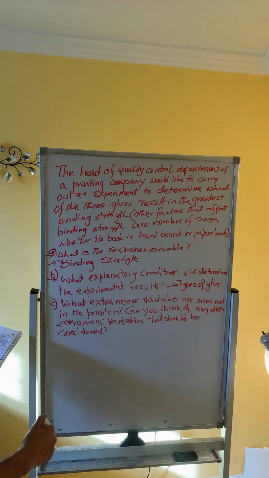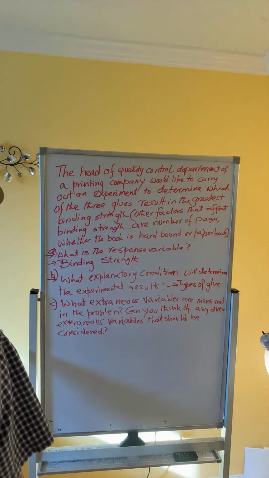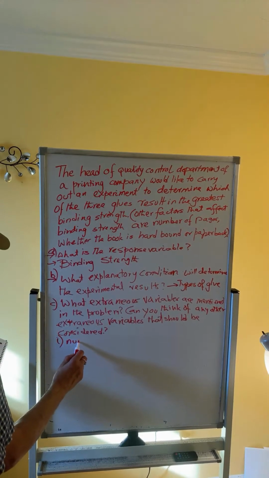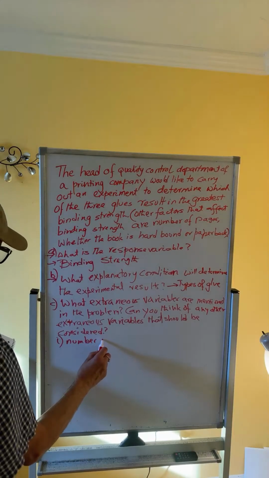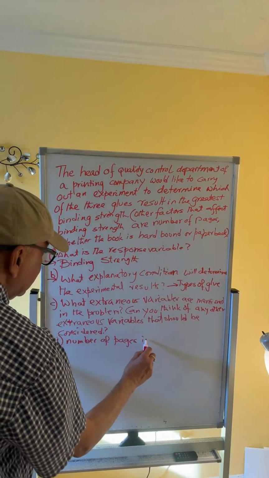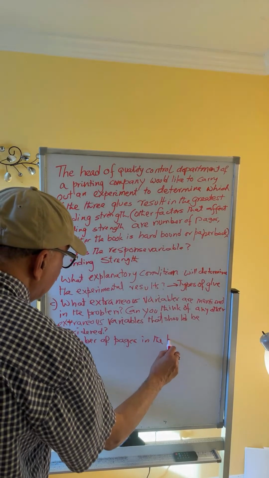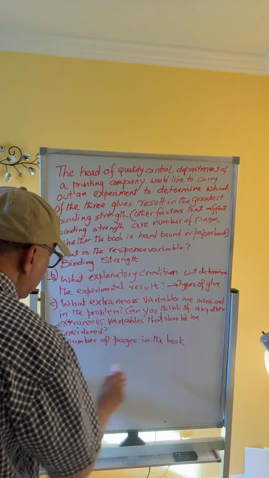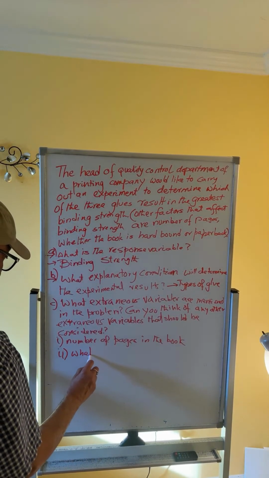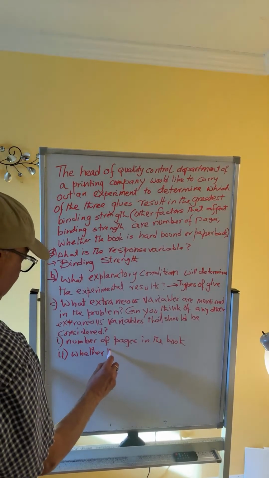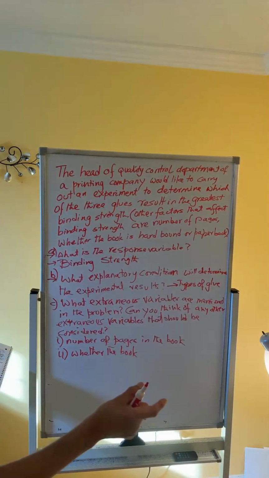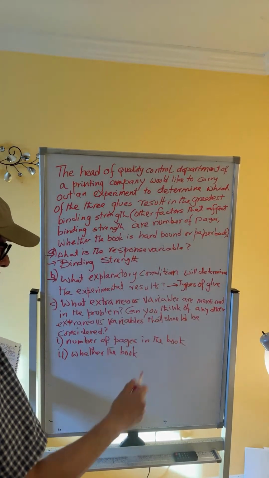So the two mentioned are, one, number of pages in the book. Two, whether the book is hardbound or paperback. You know, hardbound, strong, so you need very strong glue.